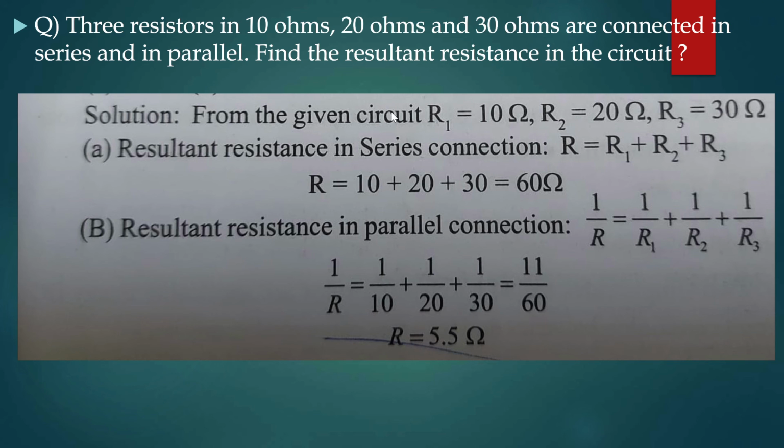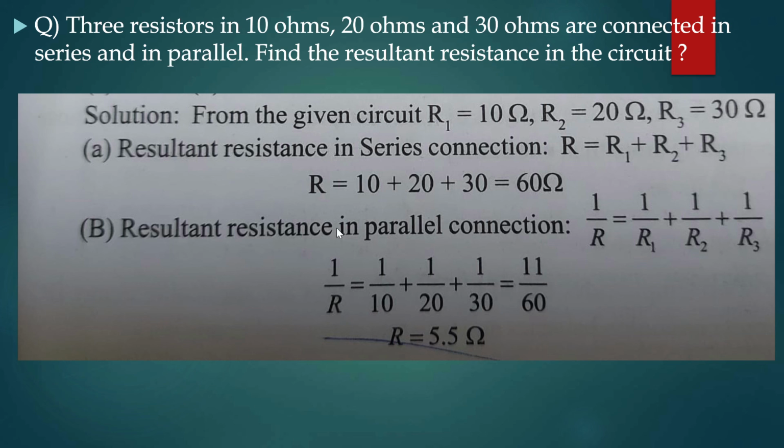So we take R1 as 10 ohms, R2 as 20 ohms and R3 as 30 ohms. The resultant resistance in series connection, we know the formula R equal to R1 plus R2 plus R3. So R is equal to 10 plus 20 plus 30, which gives 60 ohms. So 60 ohms is the resultant resistance in series connection.